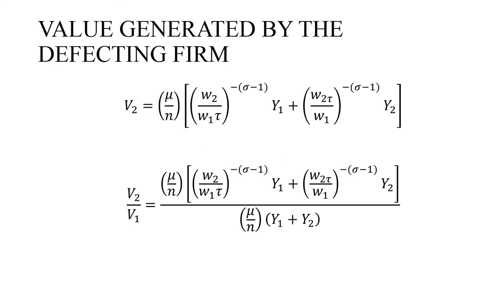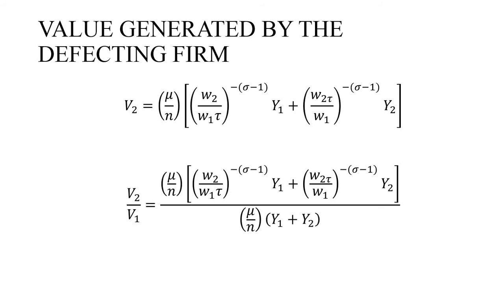So in this case, we analyze whether it makes any sense for a firm located in one of the regions to move to the other region. Here we assume that the firm is located in the first region, and V2 would be the value generated by the respective firm if it reallocates to the second region.